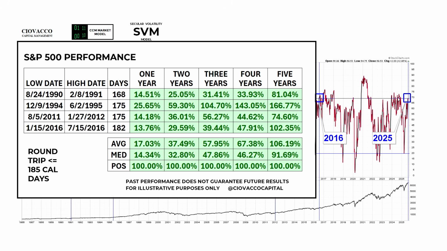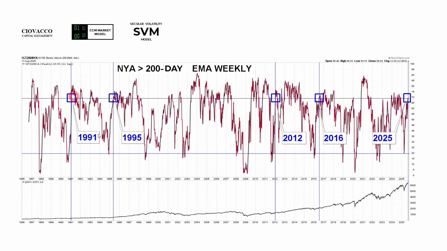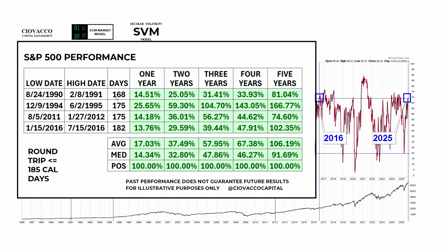And then something happened, concern about tariffs, to make them become bearish, extremely bearish. And then something happened, the tariff news became less bad, that made them revert back to a bullish stance. After similar rapid moves in the past, the S&P 500 index, after the date of the signal that just occurred in September of 2025, in every case, the S&P 500 was higher a year later, 2 years later, 3 years later, 4 years later, and 5 years later.